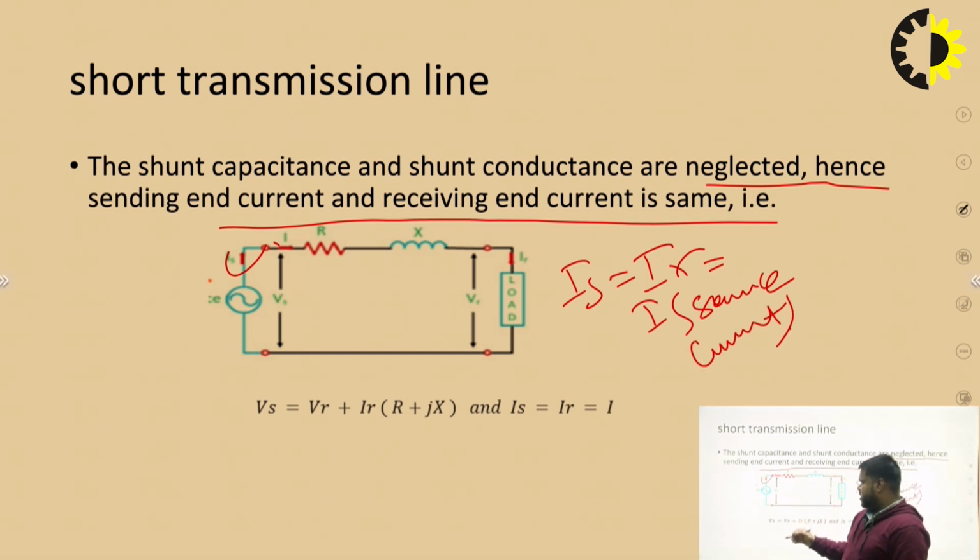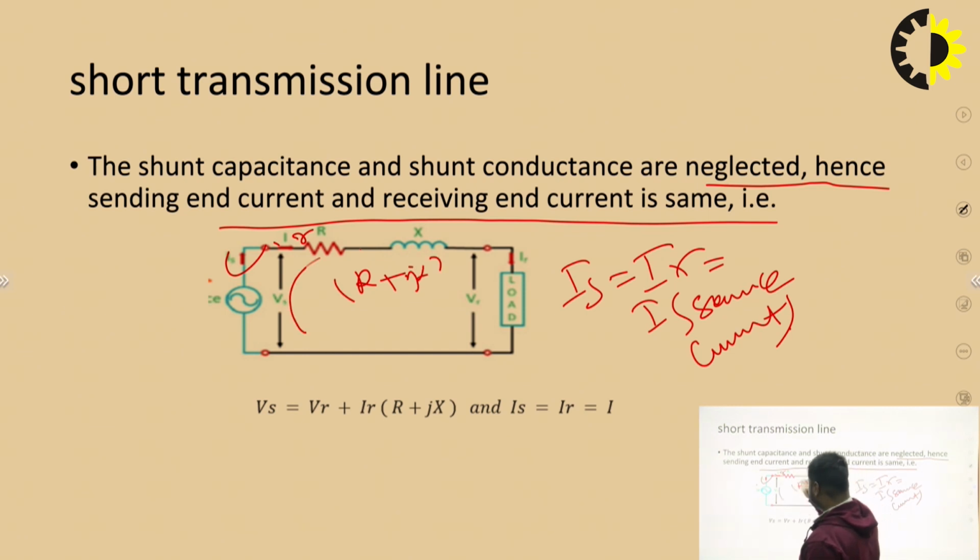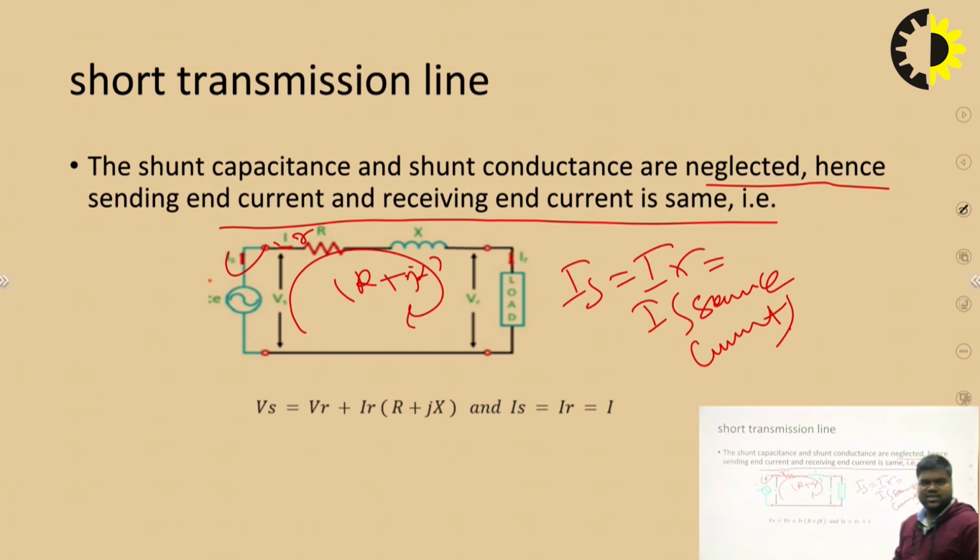So if we use the KVL law, VS equal to VR plus IR times Z, where the total impedance Z is R plus jX.